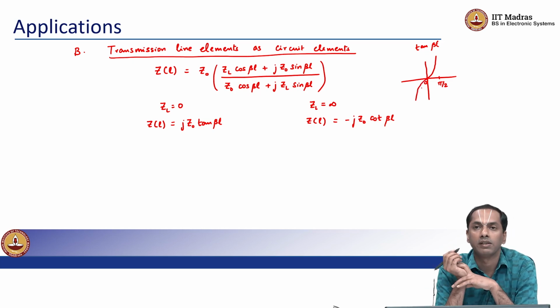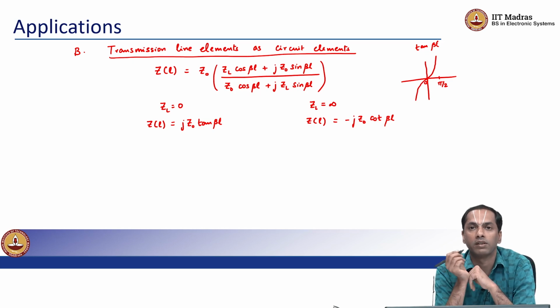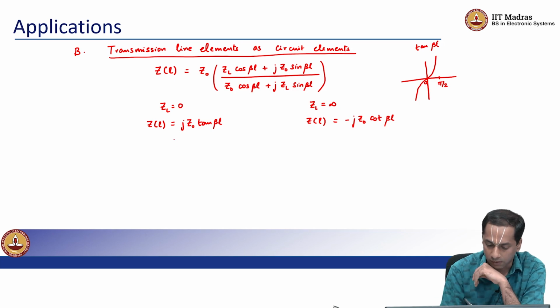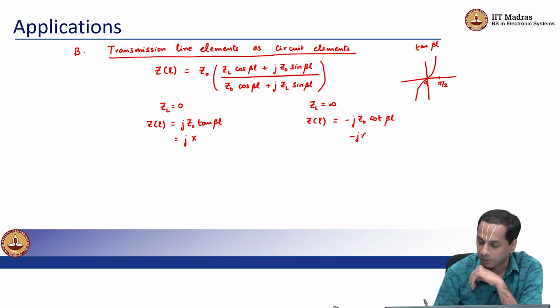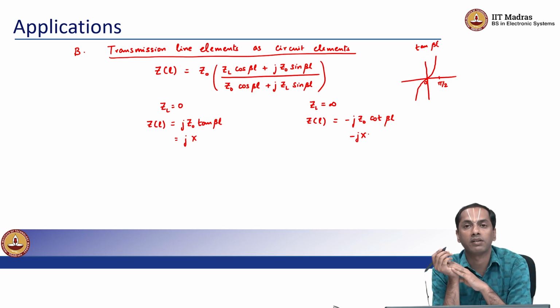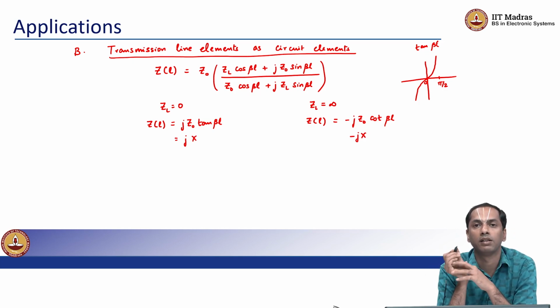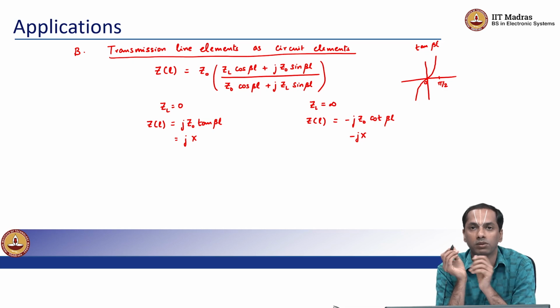But nevertheless, I can get any value of reactance. If I call this jX and this minus jX, I can get any X value by just varying the value βL between 0 and π/2.